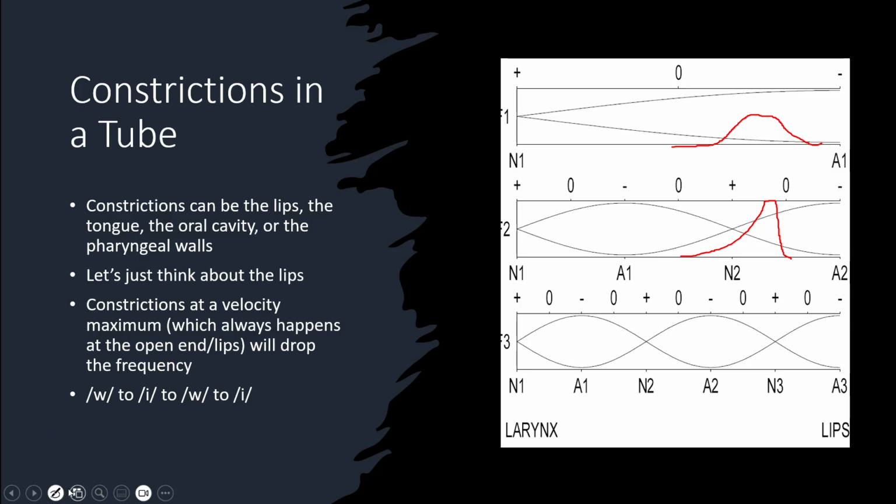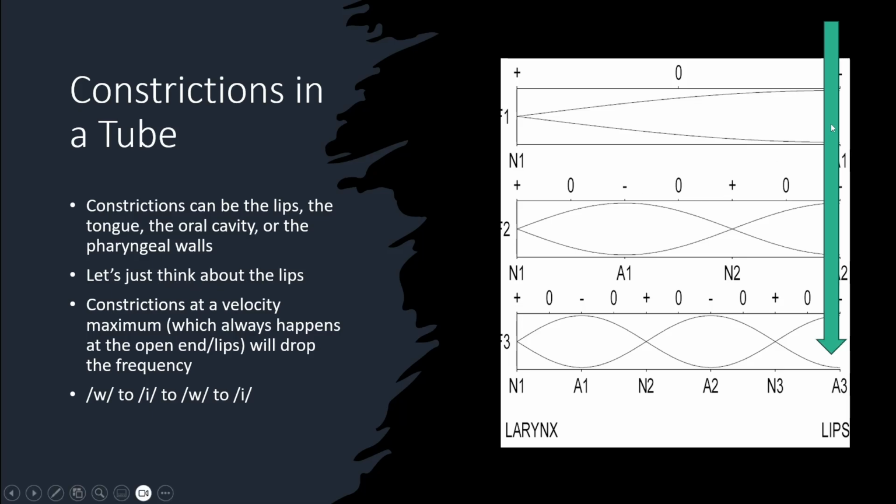So you can see that there's real ways that we can make these constrictions. The lips, the tongue, just the oral cavity in general, it can get smaller. The pharyngeal walls, we can tense up all the muscles that you learned about in anatomy and physiology to make the pharynx smaller. These are all constrictions. But I want to talk about just the lips at this point.